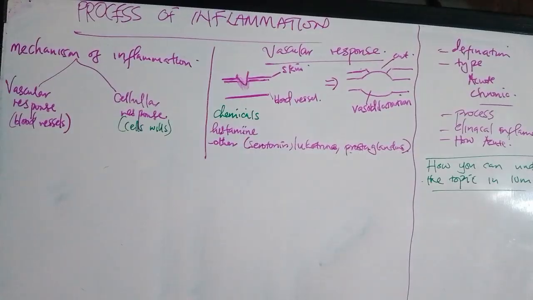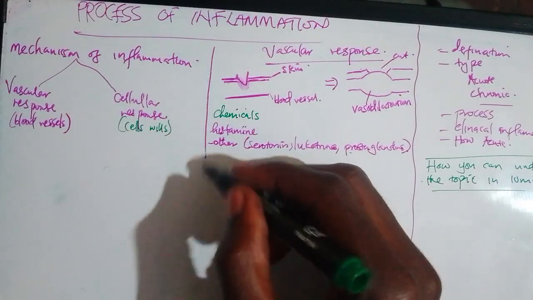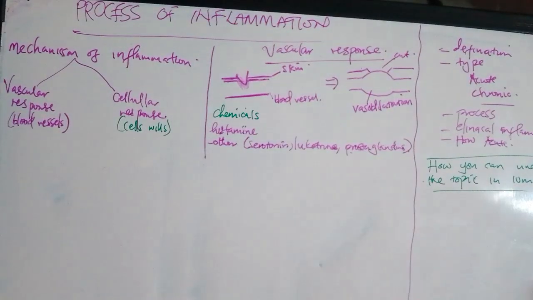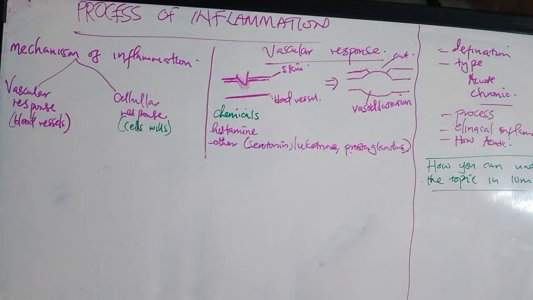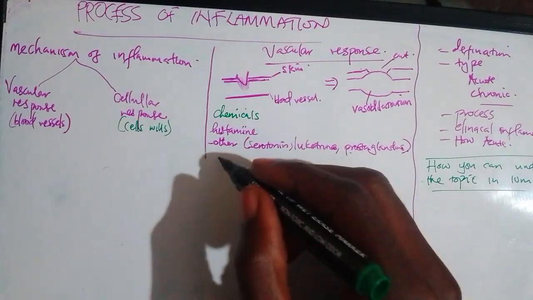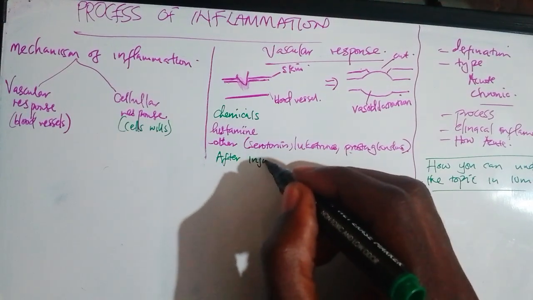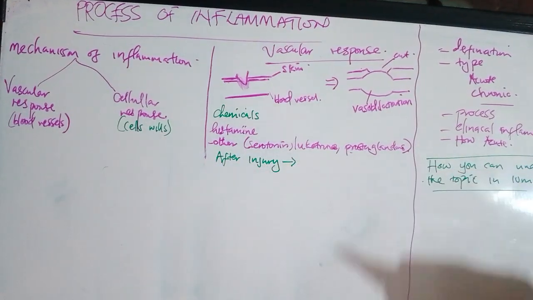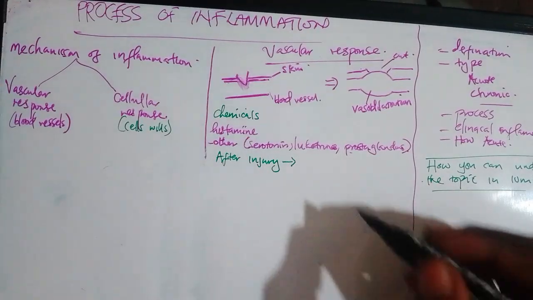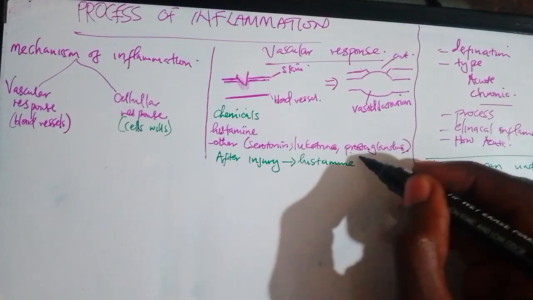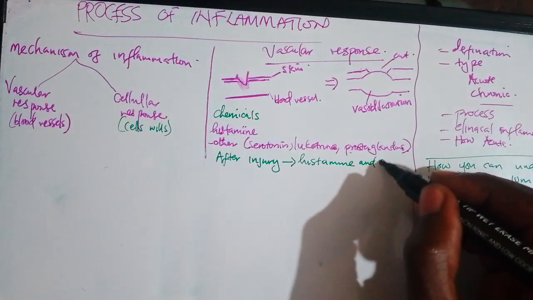Of course, I was just explaining. So in case the question comes, I'll post the PDF where you can check the notes. So we said that after the injury, you can write: after injury, your body will release histamine and other chemical mediators.